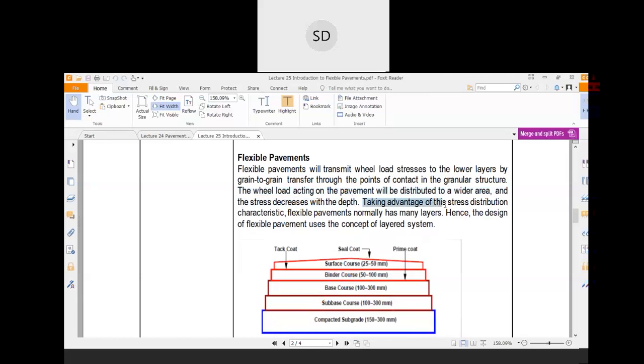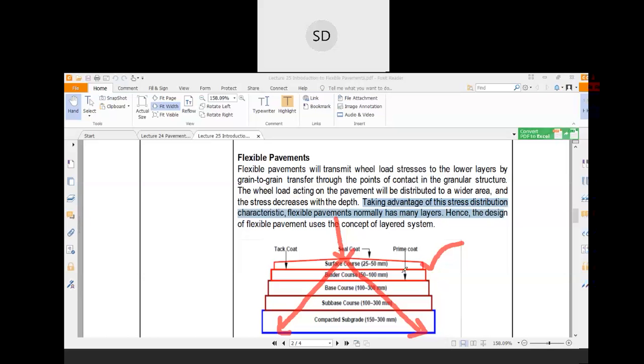Taking advantage of this stress distribution characteristic, flexible pavements normally have many layers. As the load is distributed over a larger area, and over here would be the concentrated load, the topmost layer of the flexible pavement would be of the highest quality because it is directly in contact with the load, and here the stress would be higher.